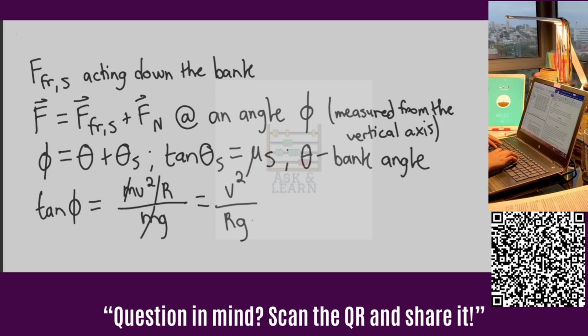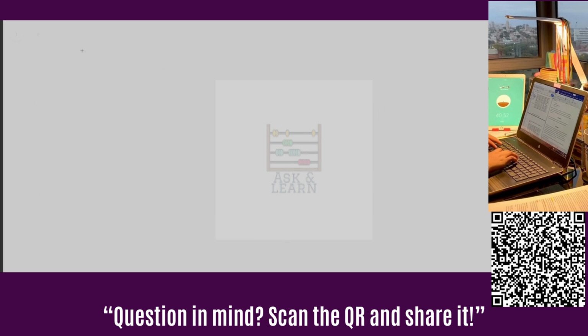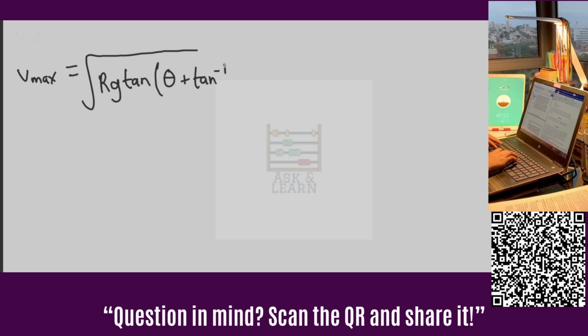So we can find the maximum speed and essentially isolate v. After isolating v, we can say that v max would be equal to the square root of rg tangent of theta plus arctan of the coefficient of static friction.